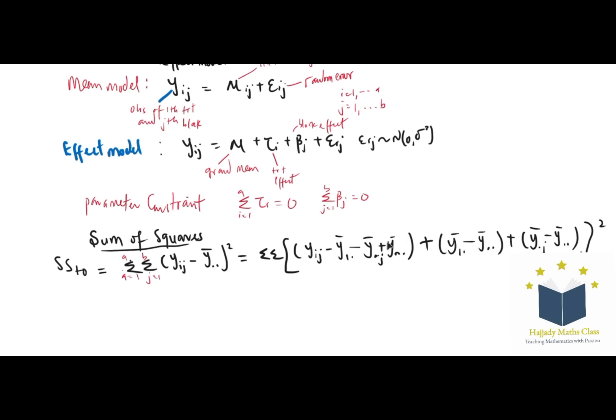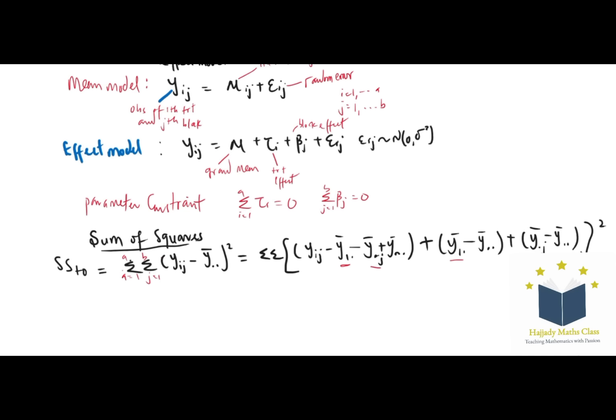Let me give a little illustration here. We want to show that the left hand side is the same thing as the right hand side. If you take away the treatment mean, Y bar i dot, plus it, you are going to have 0. Minus this plus this gives you 0.